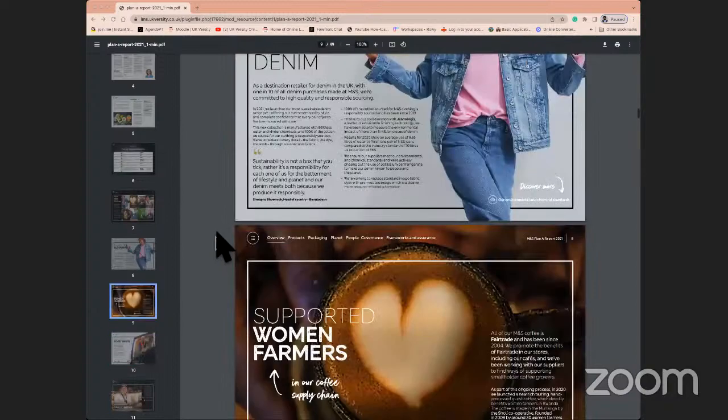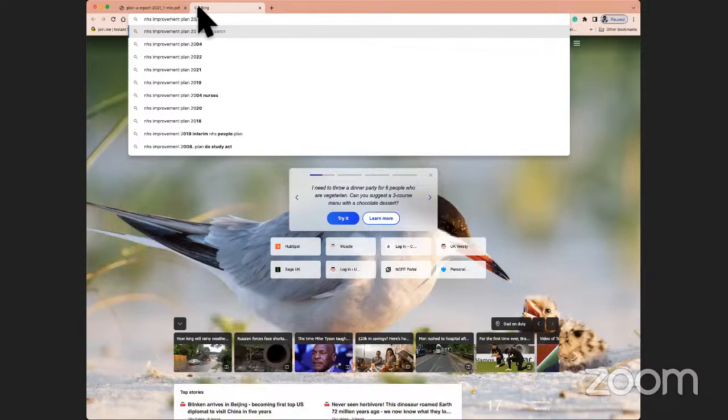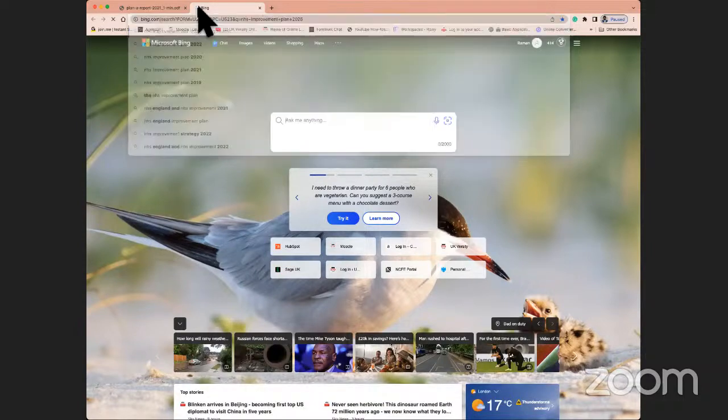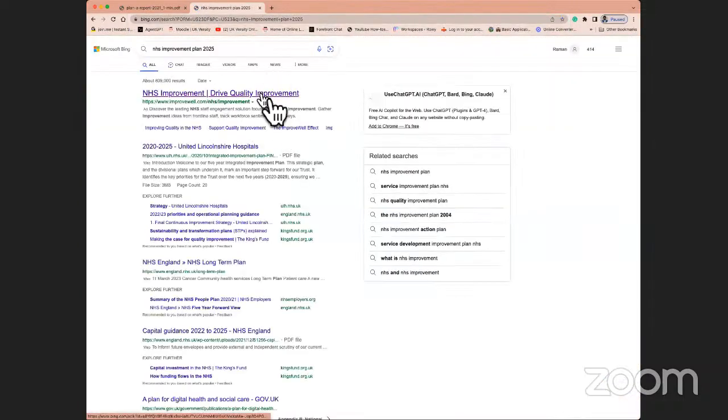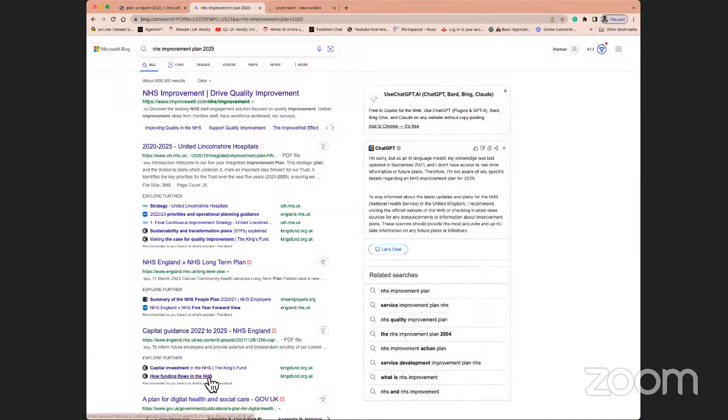There is a similar plan available with the NHS, and the NHS has an NHS 2025 improvement plan. This could be something you could look at reading, which will give you a good understanding of how the NHS drives improvements across its hospitals.